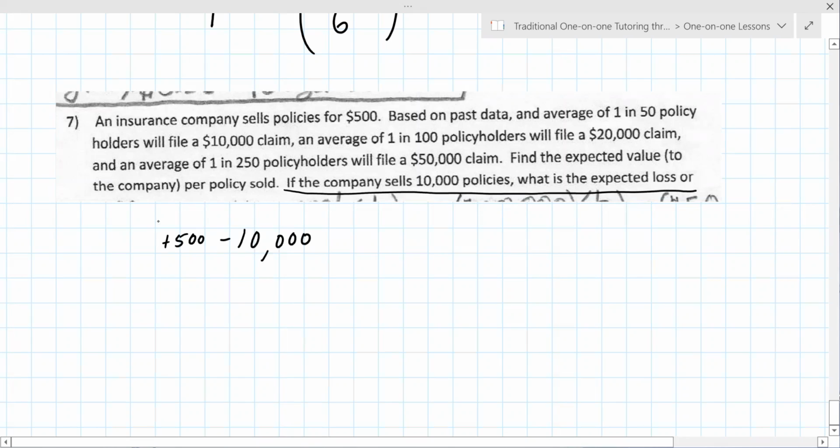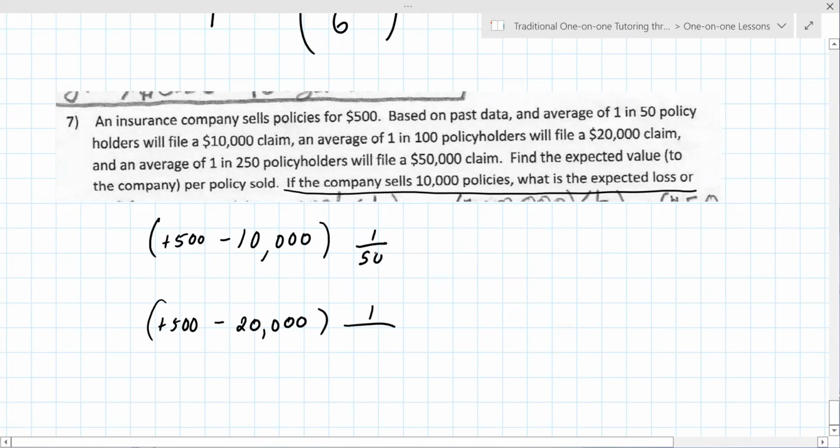That happens 1 in 50 times. The second situation is that they gain 500 because there's a policy, but they lose $20,000, and this happens 1 in 100 times.